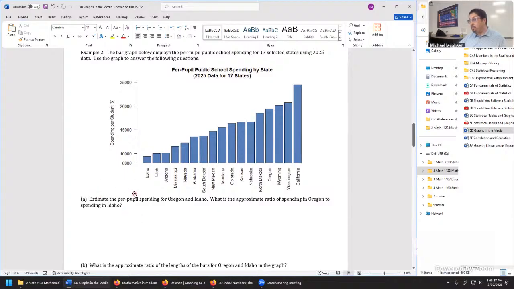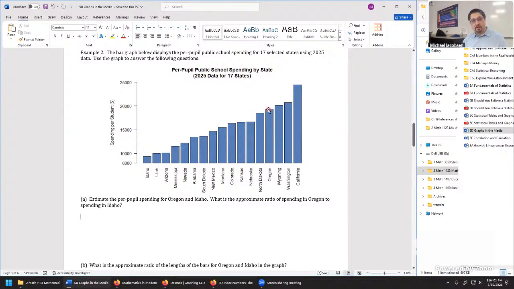We're estimating the per pupil spending for Oregon and Idaho. This is an interesting comparison, mainly because Oregon is our neighbor. And just because the states are neighboring doesn't mean they're necessarily similar. They can be wildly different, as the data shows. Idaho is here dead last, and Oregon is over here on the upper end of the data set.